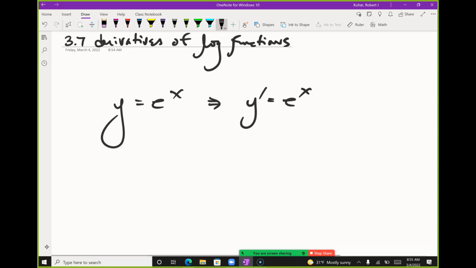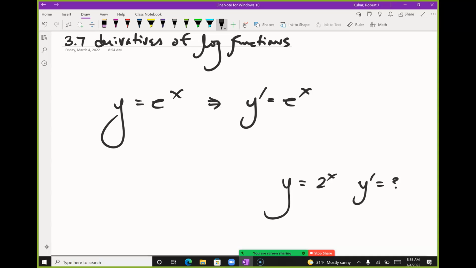So you could go take Calc 2 with someone who uses any base, so make sure that you're willing to do the reading of this section to find, if y is 2 to the x, what's y prime?